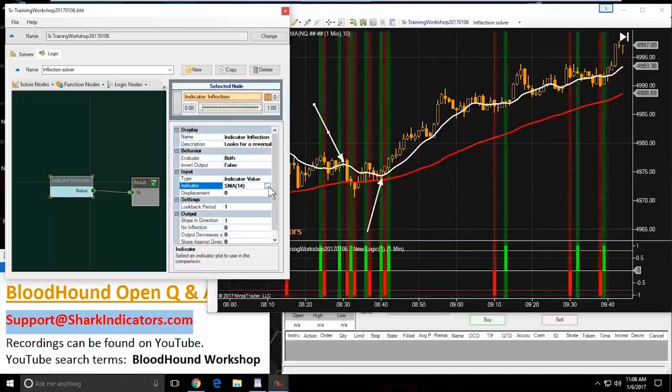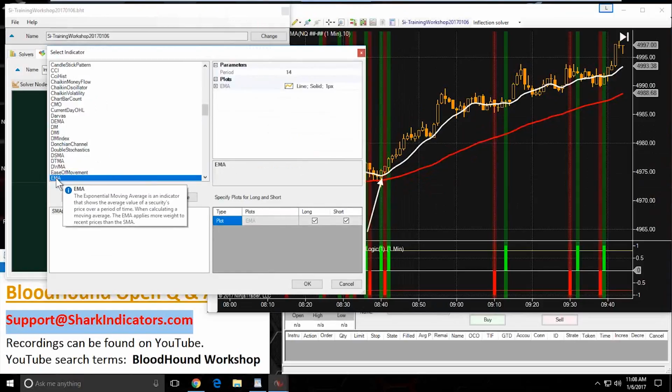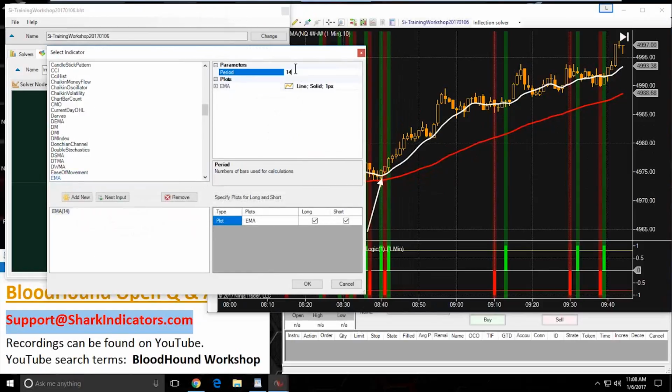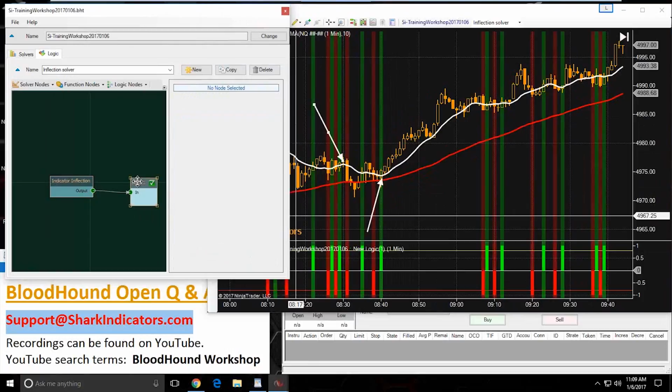So let's get the EMA 10 plugged in here. All right, I'll change that period. I've got the EMA selected down here. I changed the period to 10. The plots are selected for us automatically.